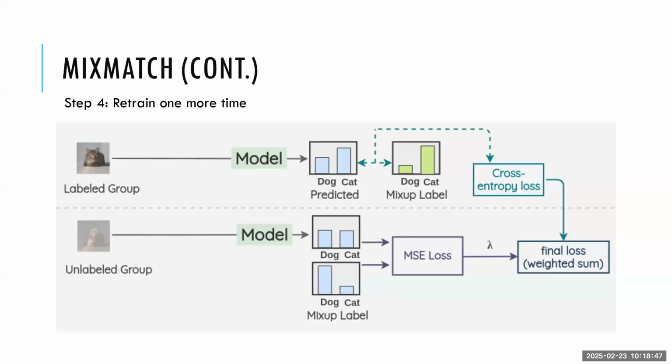And then for unlabeled group, for each image in the unlabeled group, we pass to the model, we get the prediction, and this prediction will compare with the mix up label of the unlabeled group. And we can use maybe MSE, mean square error, or square difference loss. It's the same thing. And then you combine the loss function, right?